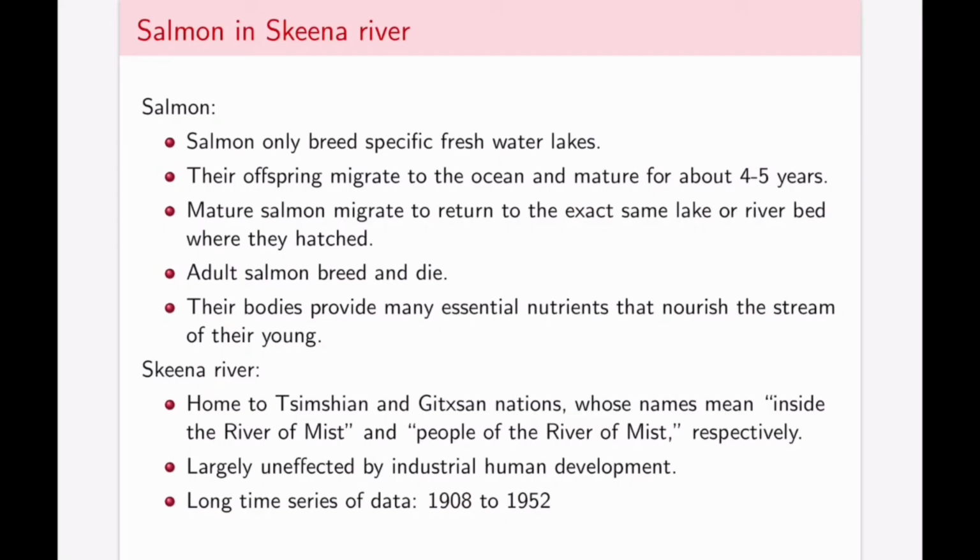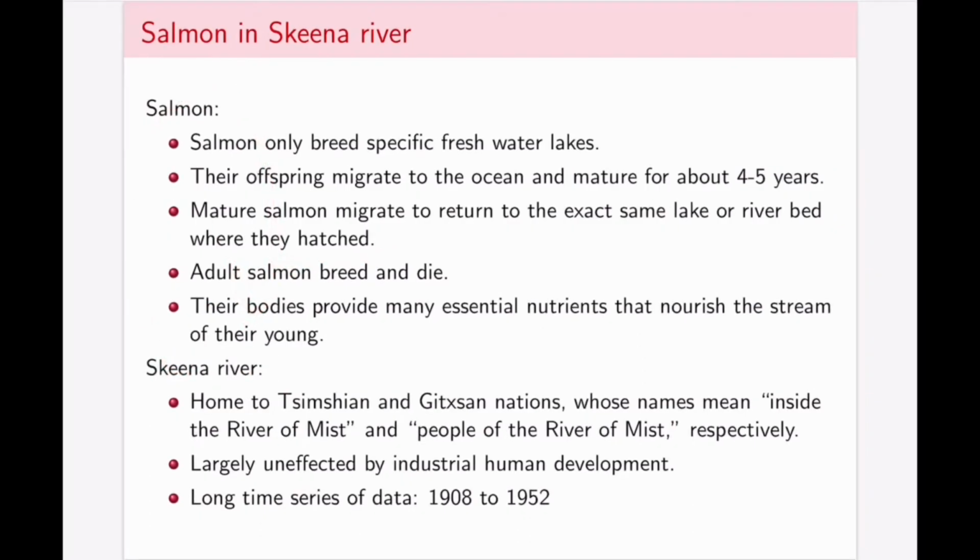Not only do they breed in only specific freshwater lakes, their offspring migrate to the ocean to mature, and they return to the exact same lake or riverbed where they were hatched to, in fact, produce the offspring. Once they breed, they die, and their remains feed the actual environment around them. And then once their offspring hatch, the exact same cycle repeats over and over again.